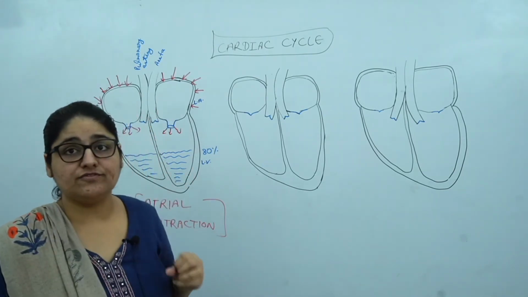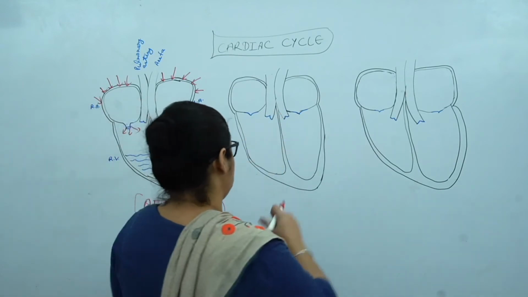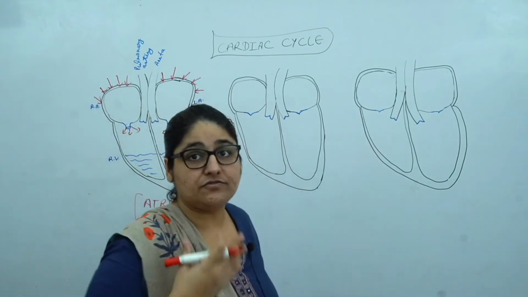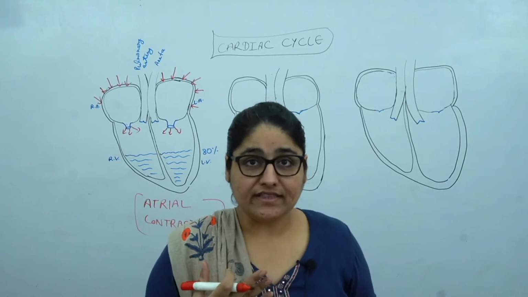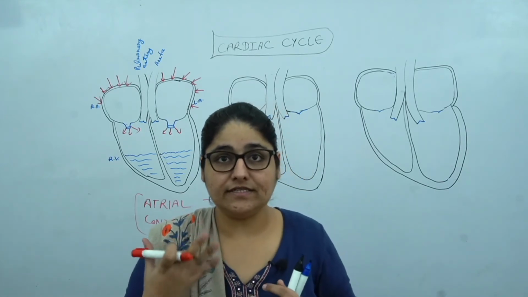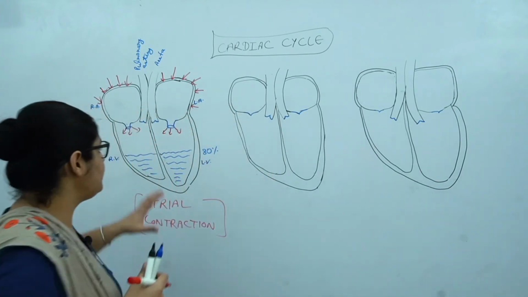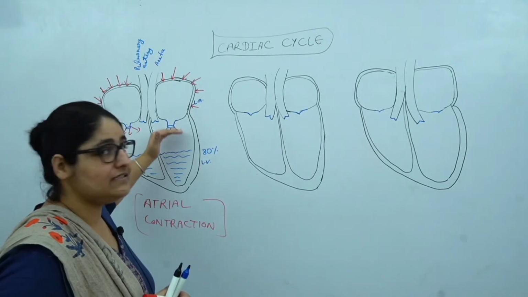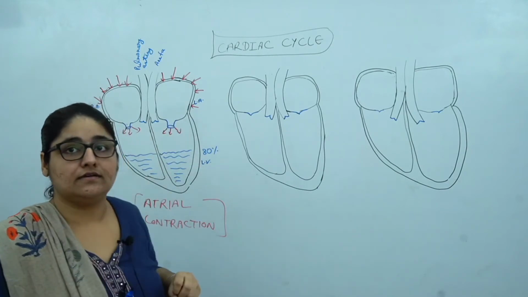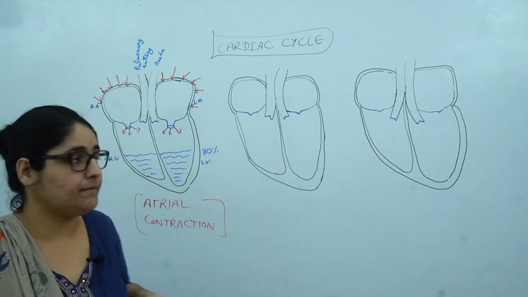When the blood moves from atrium to the ventricle, the ventricle starts filling. When the ventricle is filled, pressure in the ventricle increases. Slowly the pressure starts to build up in the ventricle.